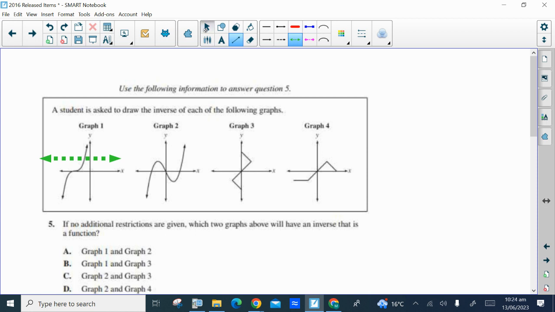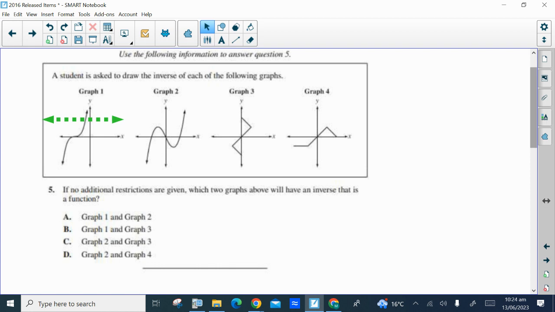So for graph 1, no matter where you draw this horizontal line, it'll only cross the graph in one spot. So graph 1 passes the horizontal line test. That means its inverse would pass the vertical line test. So we know graph 1 is one of our answers, so we can cross off C and D. If we move this horizontal line over to graph 2, it can fail the horizontal line test, which means that it would fail the vertical line test.